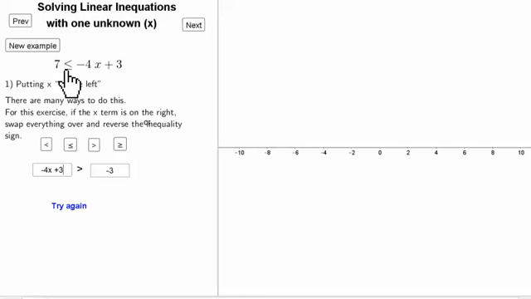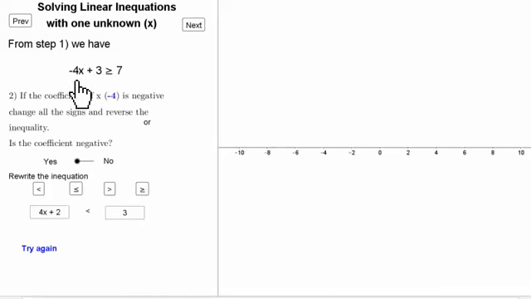We go from less than or equal to greater than or equal to, and we put in 7 on the right hand side. We're told that we've got that right, so we move to the next step after that.